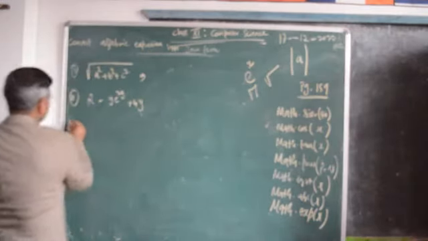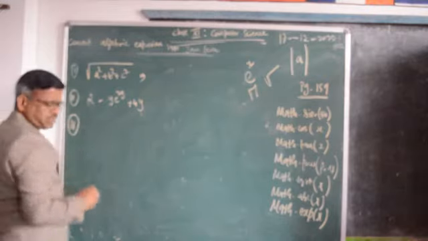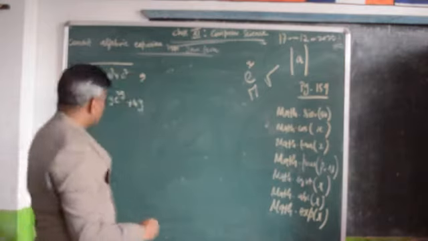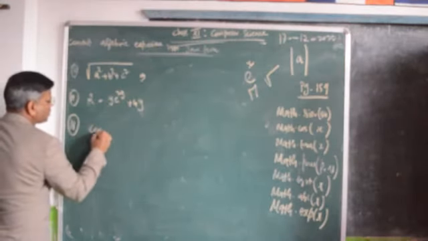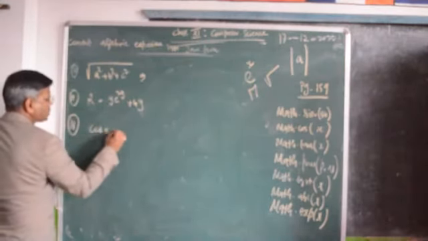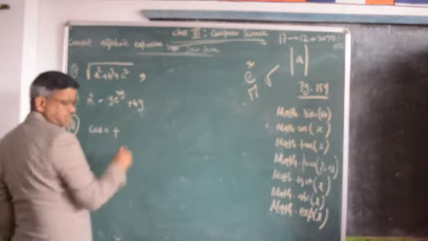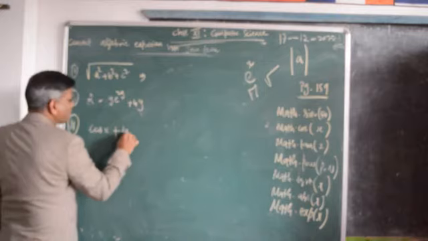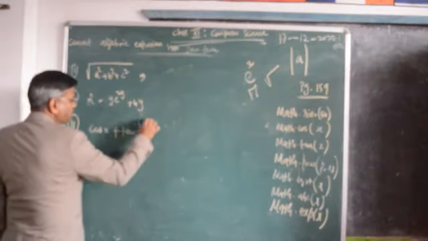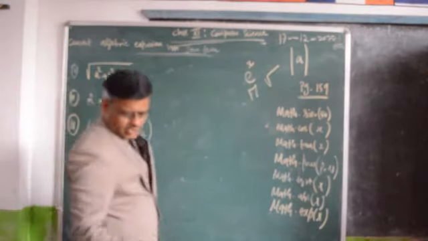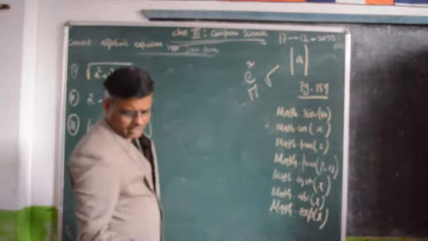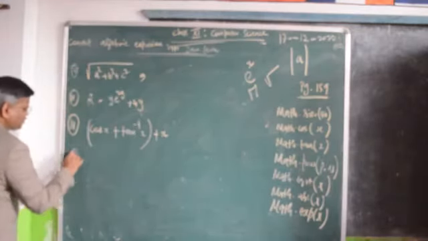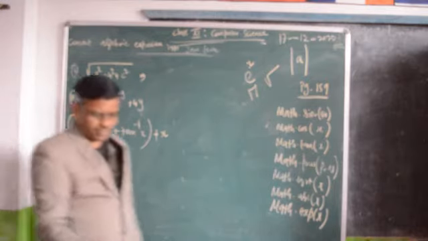These are algebraic expressions. Here is the third one. What is that called? Cos of x plus tan inverse of x whole divided by plus x. This is the third one. Here is the fourth expression.